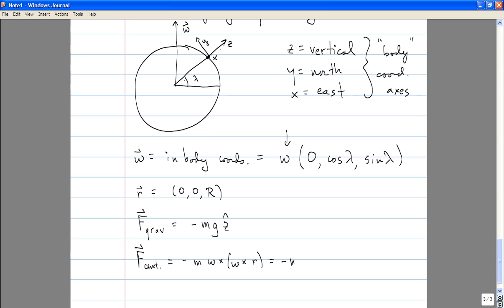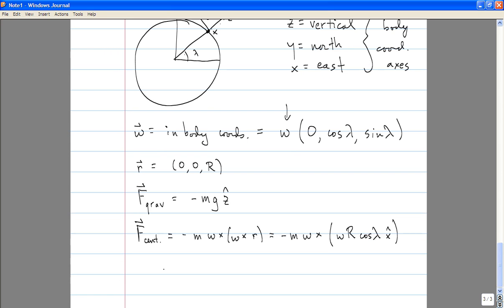If you look at the omega vector and r vector in body coordinates, you can see that the inner cross product will point in the x hat direction, and it will be proportional to omega r cosine lambda times x hat.